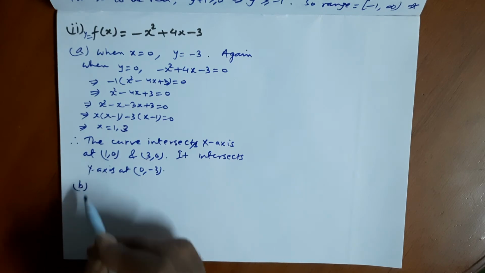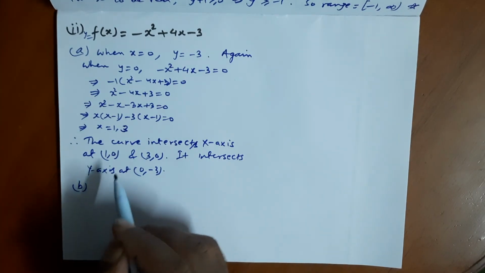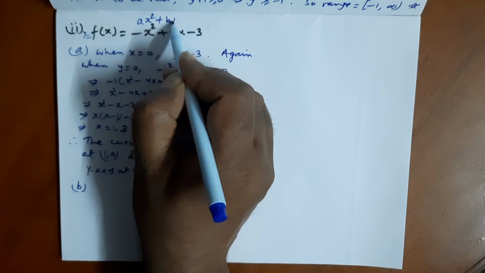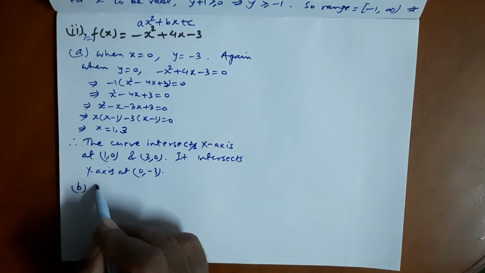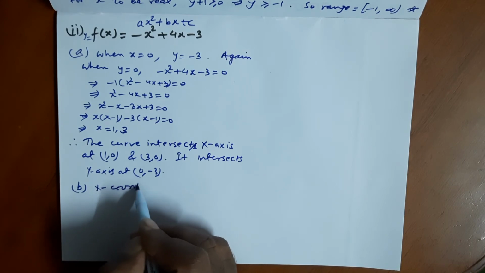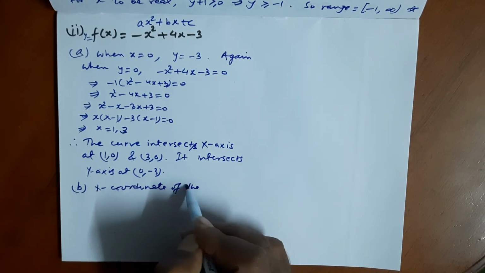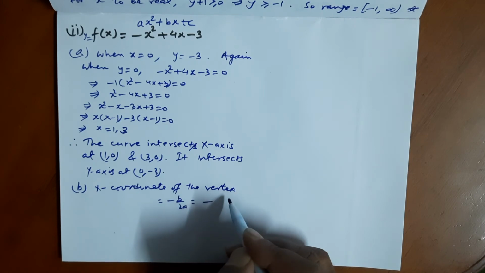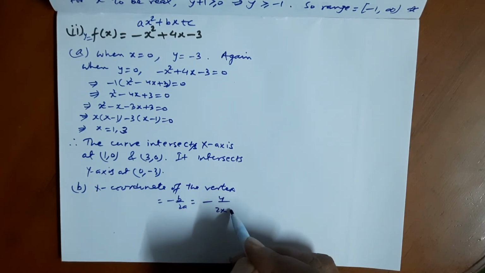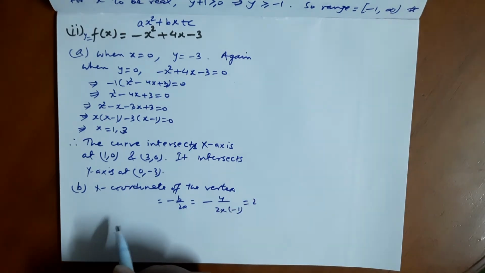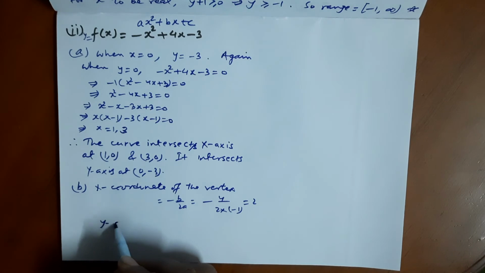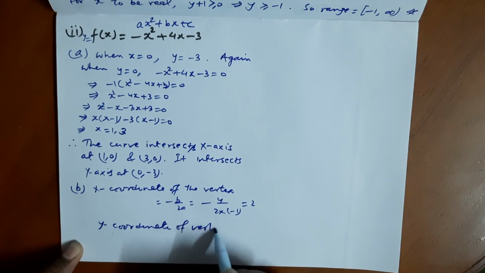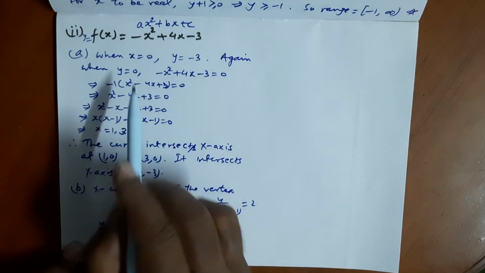Now in the next characteristic, when we compare this with ax square plus bx plus c, so now the x coordinate of the vertex equals to, our formula is minus b over 2a, minus b is 4 over 2 times a is minus 1, then we will get 2, and the y coordinate of the vertex is obtained by putting x equals to 2 in this equation.